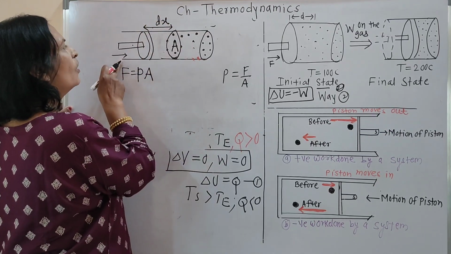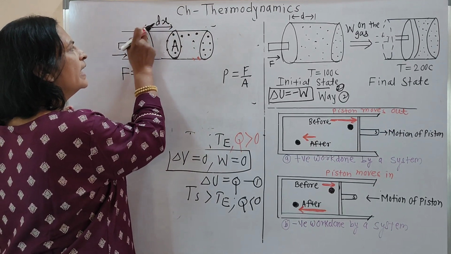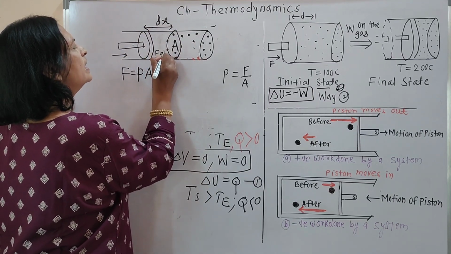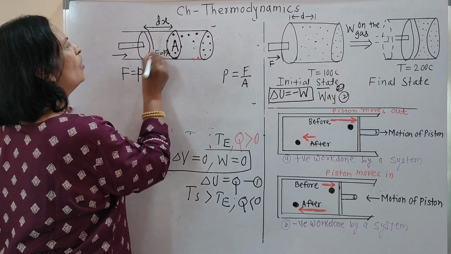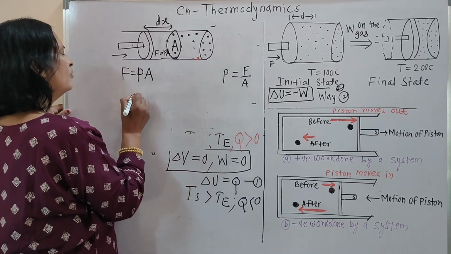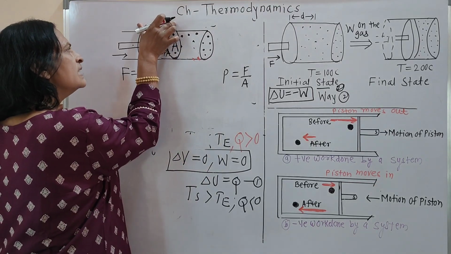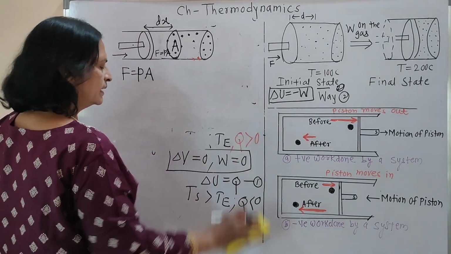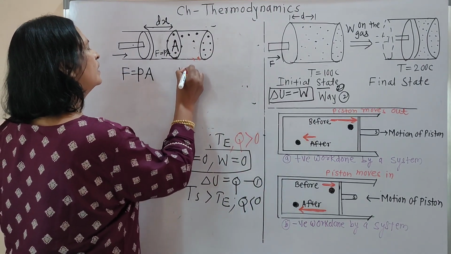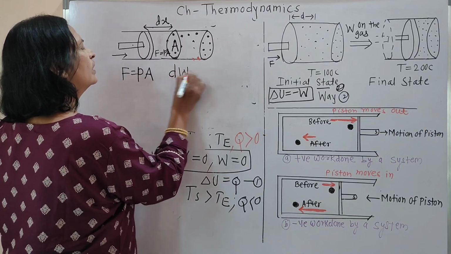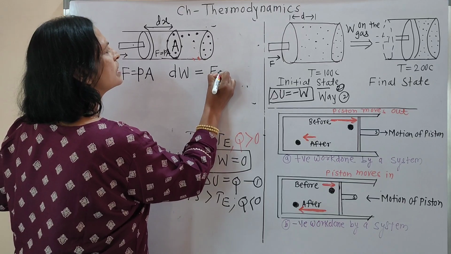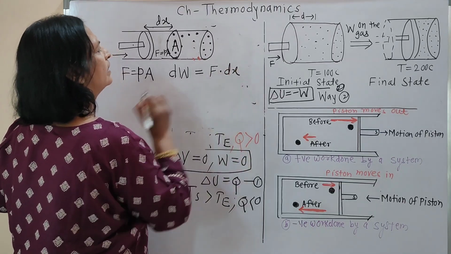Force applied on a body produces a displacement. At that time work is done, and this constant force is acting on this system. When the displacement is dx, at that time the work done is dW, and work done is nothing but force into displacement.